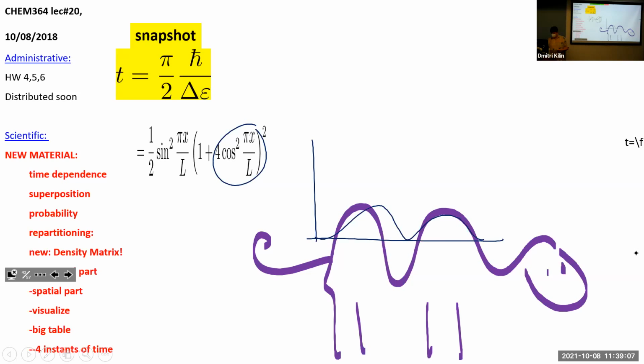And if you look at the midpoint, this cosine square doesn't touch 0 anywhere. Let's check why it should have a dip in the middle.